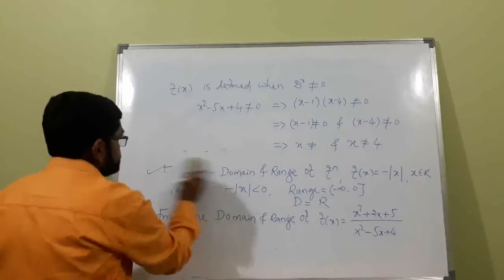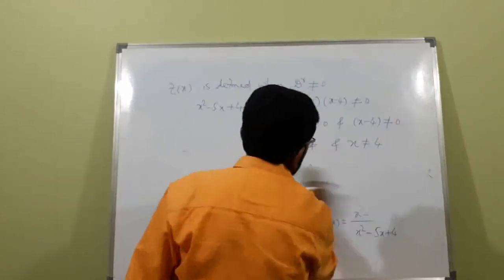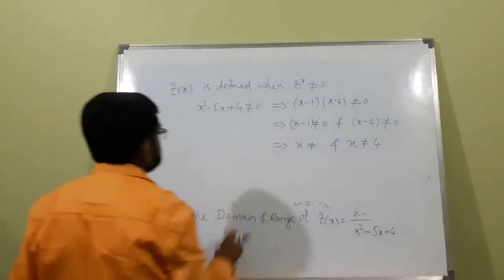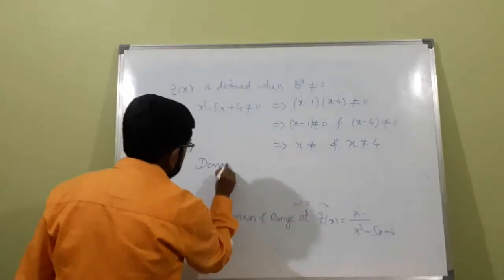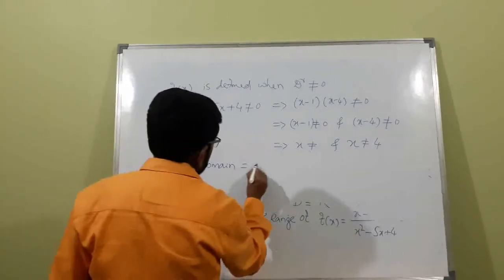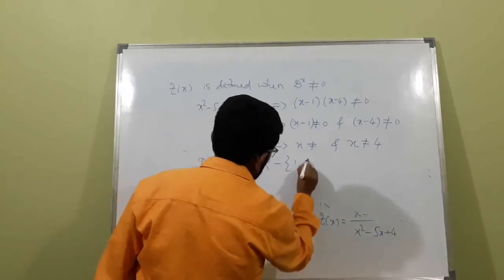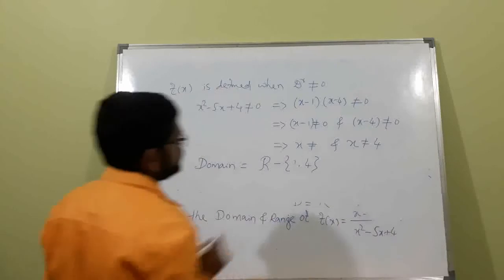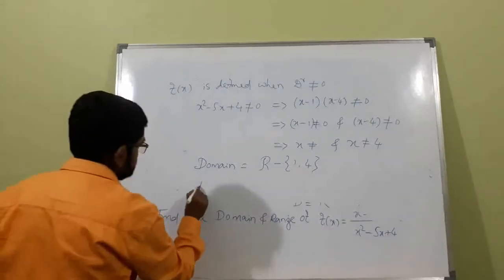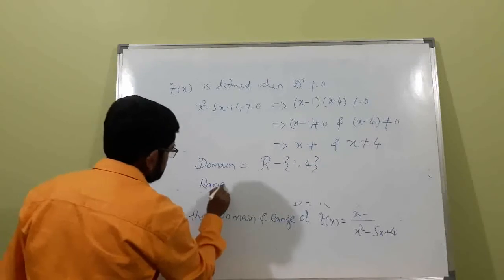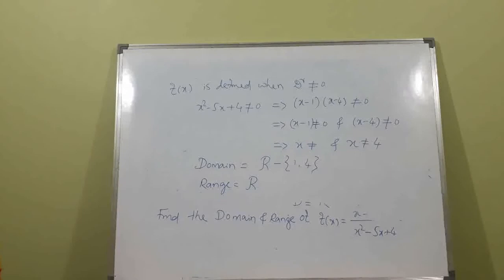That means all real values except 1 and 4. So domain is all real values except 1 and 4. So what is range? Range may be any real number.